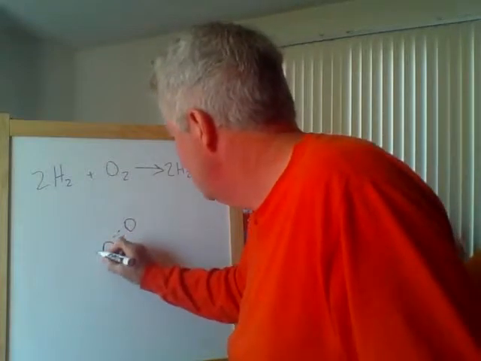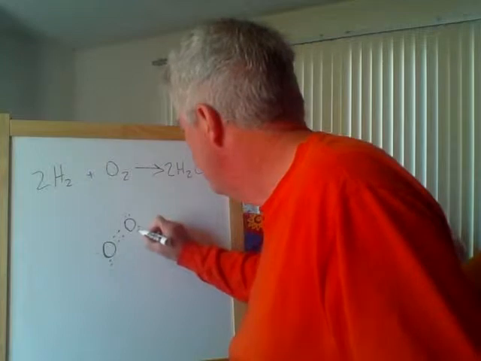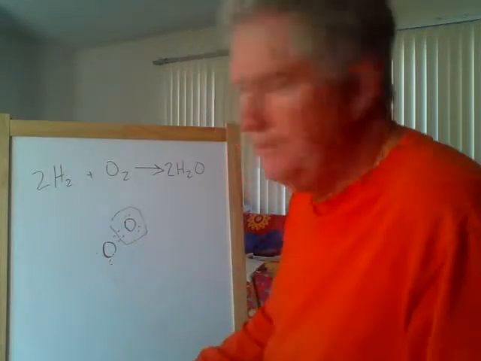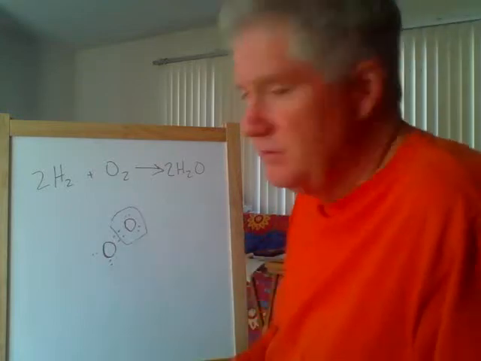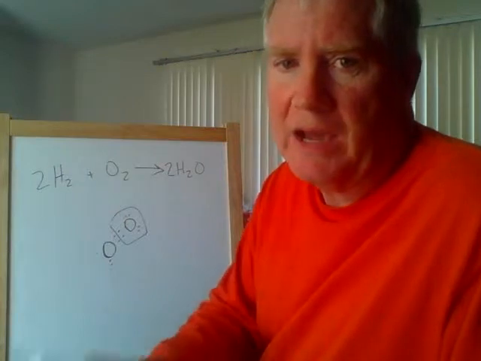And of course, oxygen has 1, 2, 3, 4, 1, 2, 3, 4. So each oxygen comes to the table with 6 electrons. You can count them there. If you look in the periodic table, oxygen has 6 electrons in its outer shell.